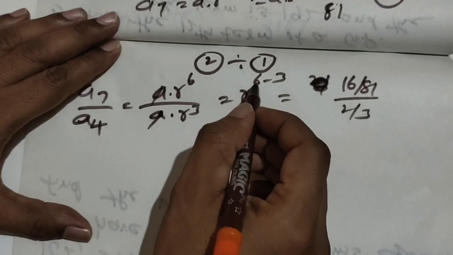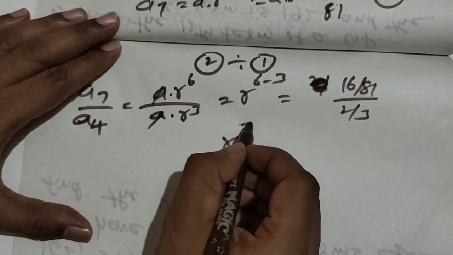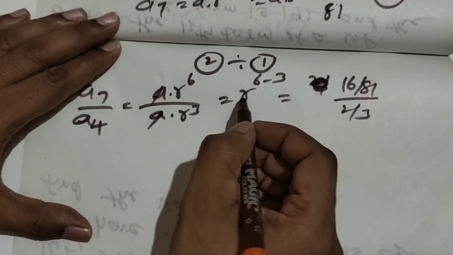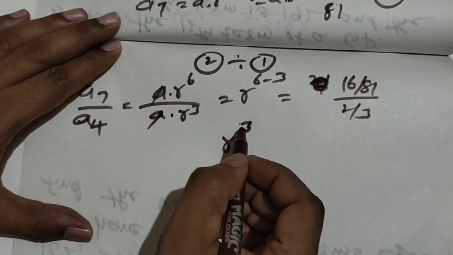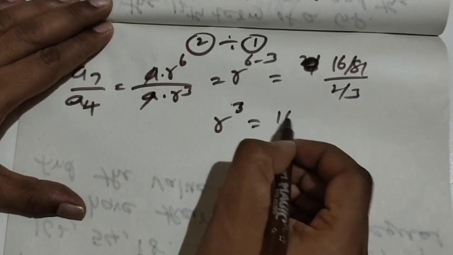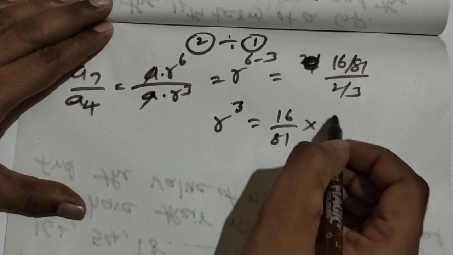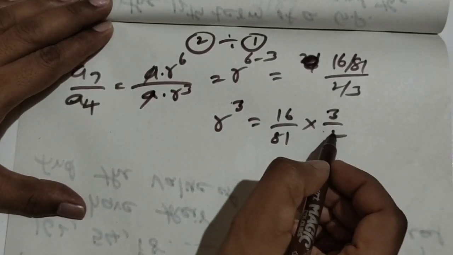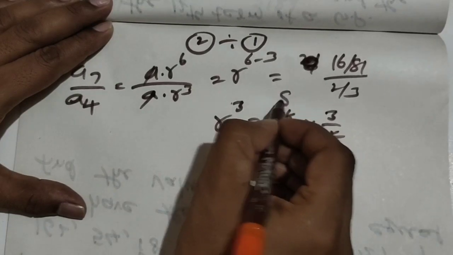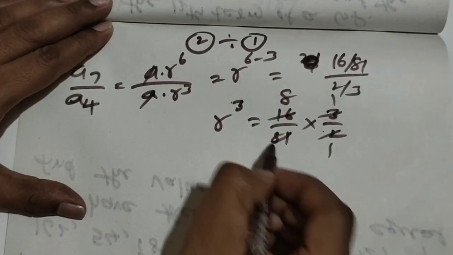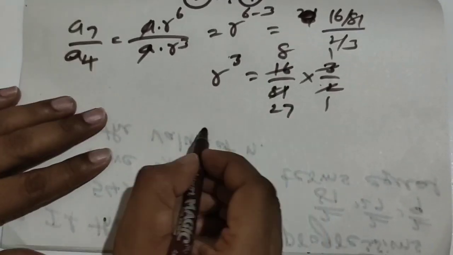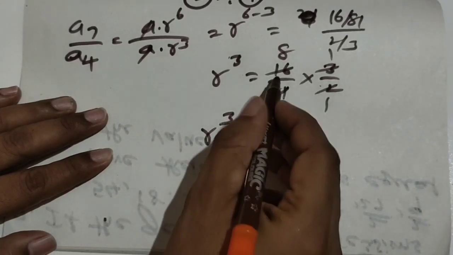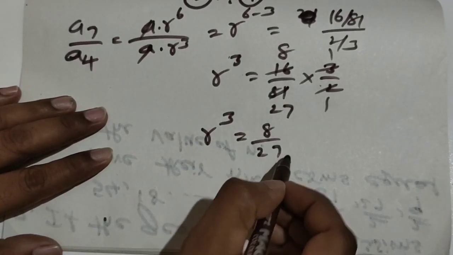So we get here R to the power of 6 minus 3, which means R to the power of 3, is equal to 16 by 81 into the reciprocal of 2 by 3, that is 3 by 2. So on cancellation we get 3 ones are 3, 8s, 3 ones are 3, 27s. We can write it as R power 3 is equal to 8 by 27.